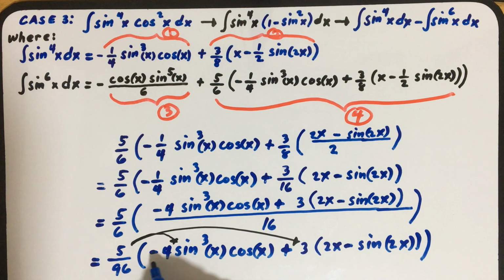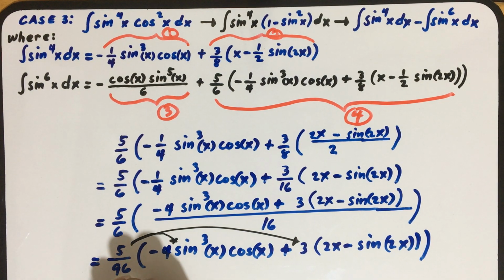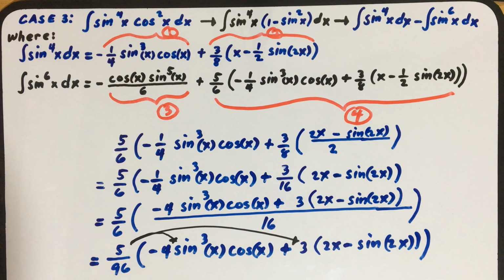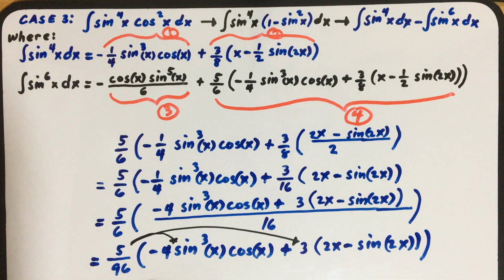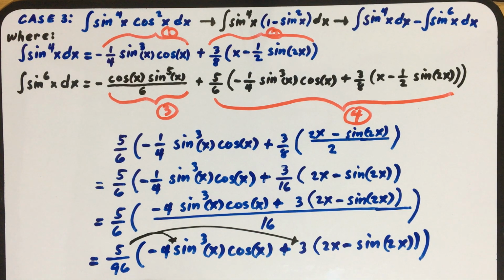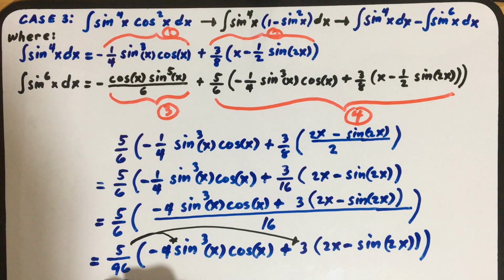You have, this is divisible by 5. Divisible by 4. Okay, so the denominator could be expressed as 24 times 4. Then you have 4 above, negative. So we have 4 and 4. So what is left is 5. Negative 5 over 24.